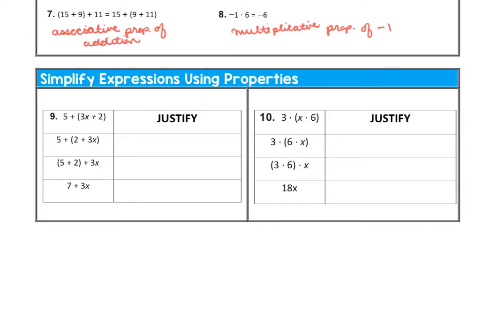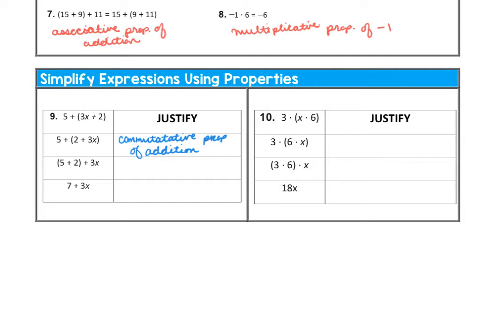So what that means is that to justify this, we used the commutative property of addition. How do we know we use the commutative property? Because if we think back to yesterday when we were identifying the properties, the commutative property is the only property where our terms change order, right? CO, change order.